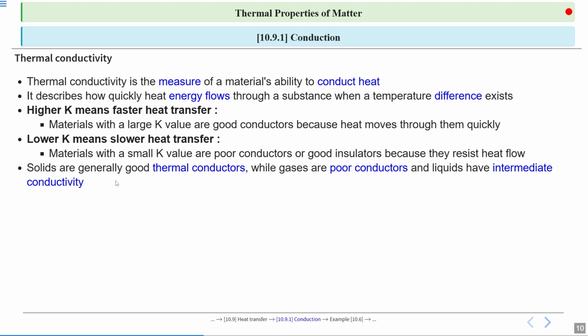If we arrange them on the basis of thermal conductivity, the thermal conductivity of solid material is greater than that of liquid substances, and liquids are greater than gaseous substances. Units of thermal conductivity: joule per second per Kelvin per meter per Kelvin, or watt per meter per Kelvin.